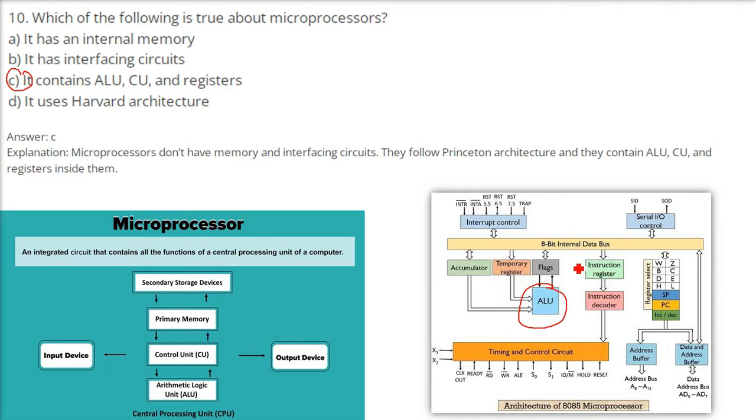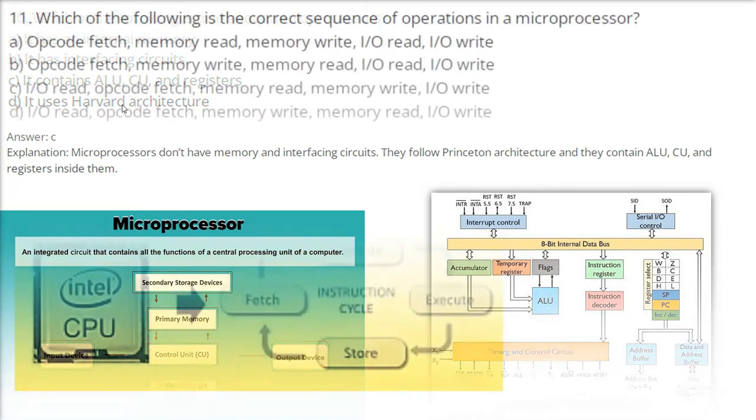So the microprocessor doesn't have memory and interfacing circuits. You can also see the ALU, the control unit, and the registers B, C, D, E, H, L, W, Z in the architecture of the 8085 microprocessor.